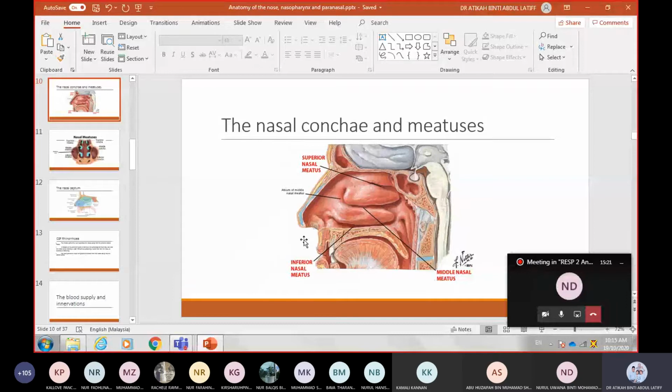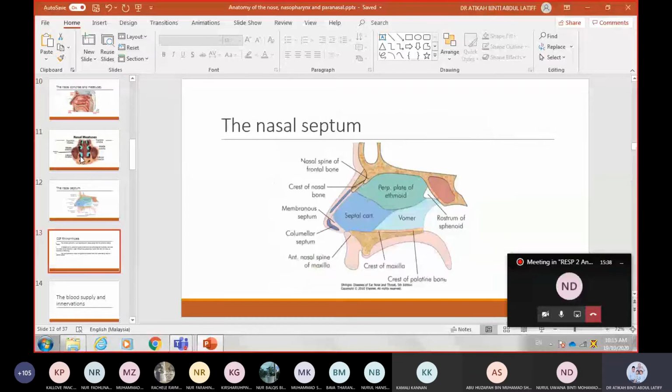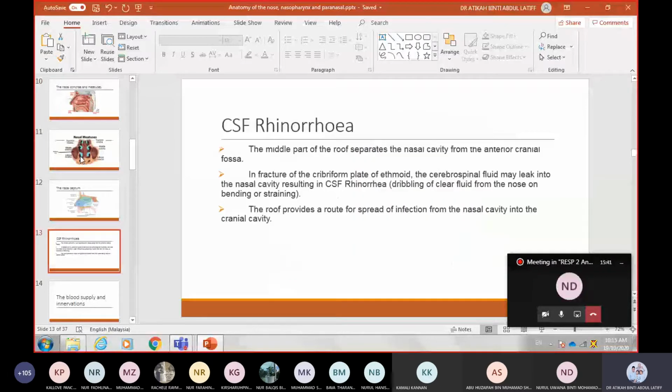She had a swab, which was supposed to take a sample from here. This is your nasopharynx, right, at the back of your nose. The sample should have been taken here, but accidentally it hit this cribriform plate. That's why CSF leaked out of her nose. Okay, does that make sense? Yes? No? Yes, doctor.